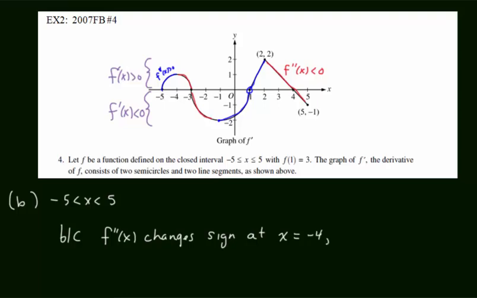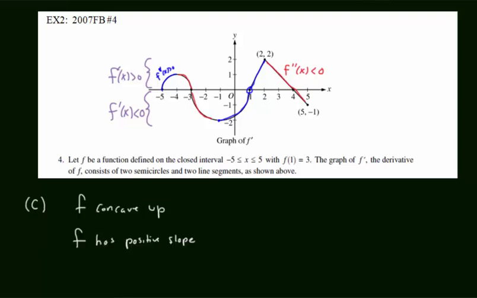That also occurs at -1. And that also occurs at 2. So f has a point of inflection at x equals -4, -1, 2, because f double prime changes sign at these x values.